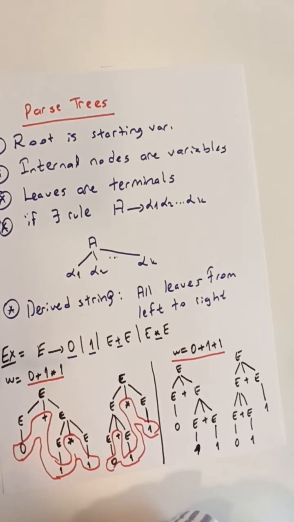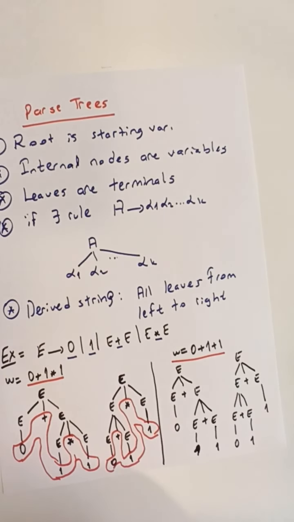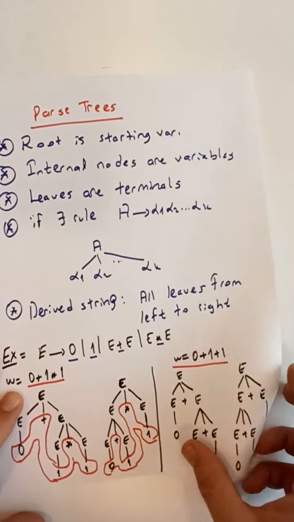Okay, because there could be cases where the left parse tree gives a different result than the right parse tree. Okay. So we will define such grammars as ambiguous. Let's define an ambiguous grammar.